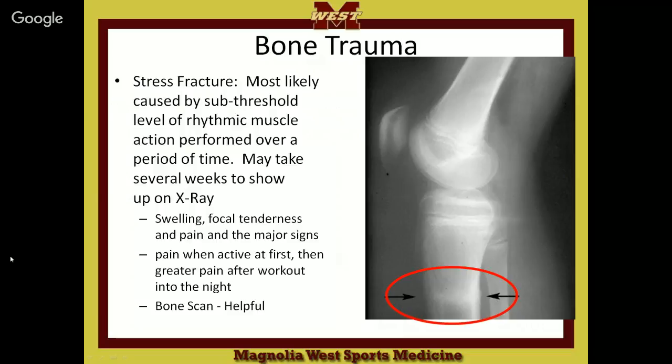Well, eventually, what happens is that the bone finally goes and says, "Okay, I've got a stress fracture now." Not a fun thing. Swelling and local tenderness and focal tenderness and pain are the major signs. Pain when active at first, and then finally gets greater after workout and into the night. And you got to get a bone scan because they're so small they don't show up on a regular X-ray. This is actually showing where the bone is trying to heal.